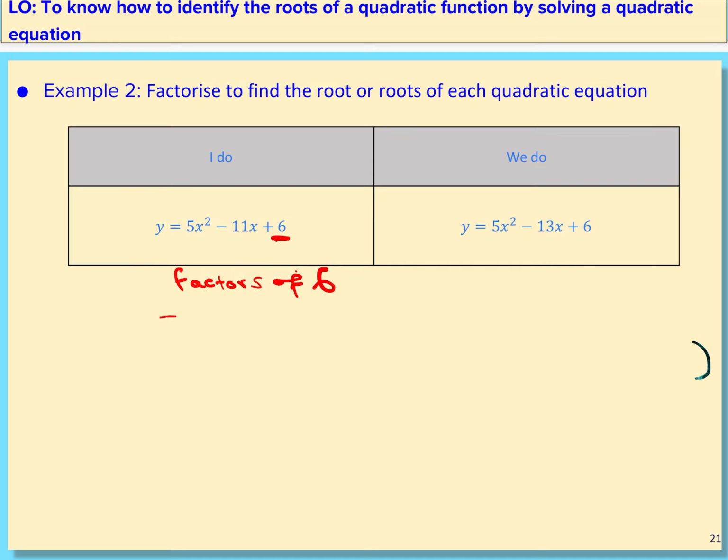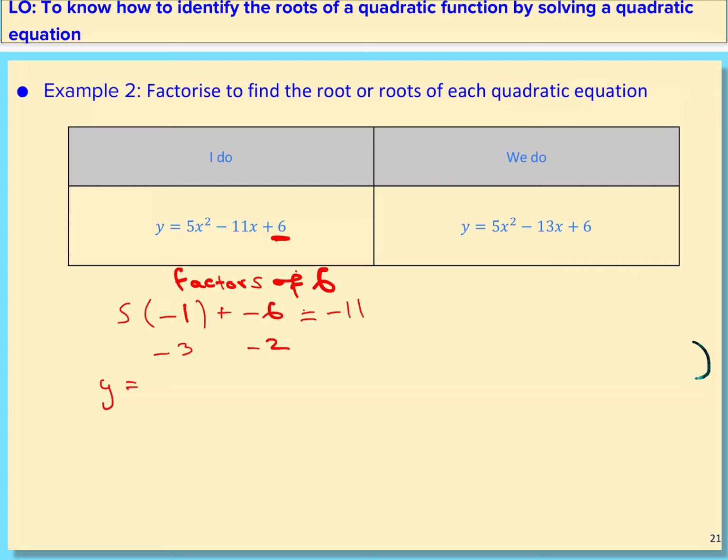Okay, so we're going to factorize again. So we need to find a combination of factors of 6 that would equal -11x when one of them is multiplied by 5. From this already you can tell that you're looking for negative factors of 6. So we have -1 and -6, -3 and -2.